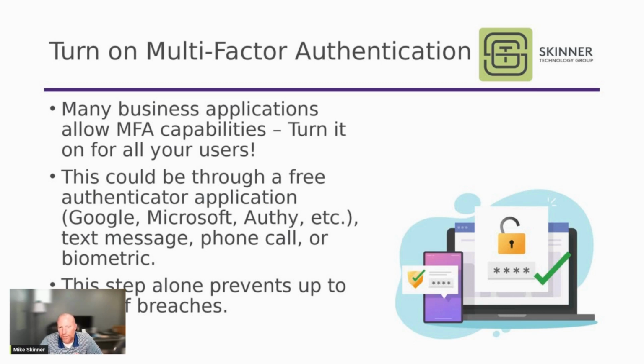This could be through a free authenticator application like Microsoft Authenticator, Google Authenticator, Authy, or it could be through text message, phone call, or biometrics. Now, my preference is using one of those authenticator applications rather than the SMS text messages or phone calls. But at a minimum, make sure you have it set to text you a code. This step alone can prevent up to 99% of breaches.